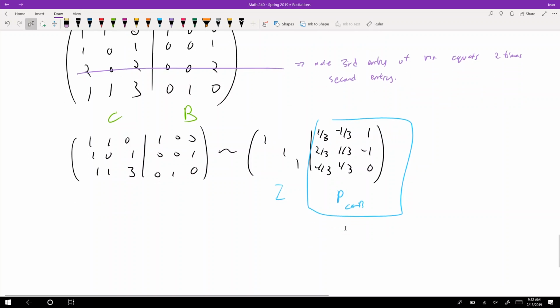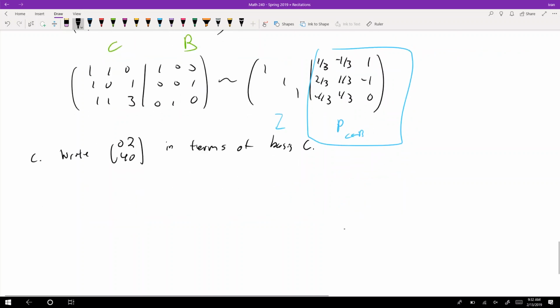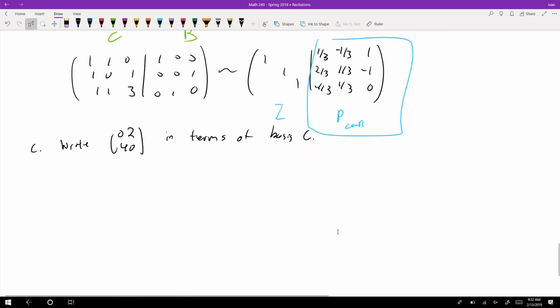All right, so part C asks you to write this matrix, 0, 2, 4, 0, in terms of basis C. Since this is part C of a question, we should probably use part B. So we know what P from B to C is.